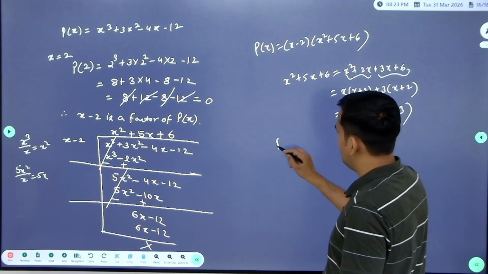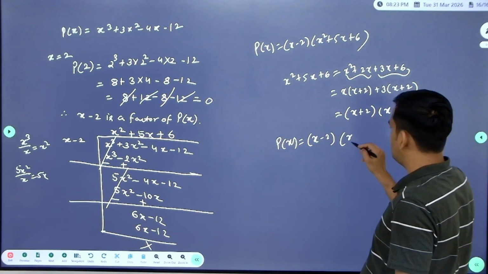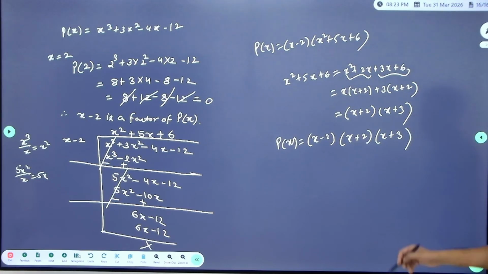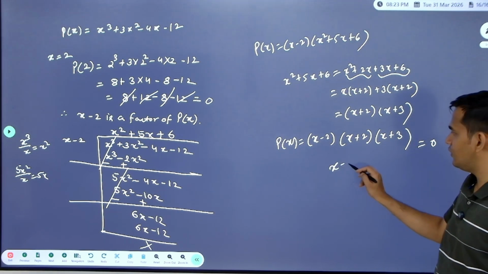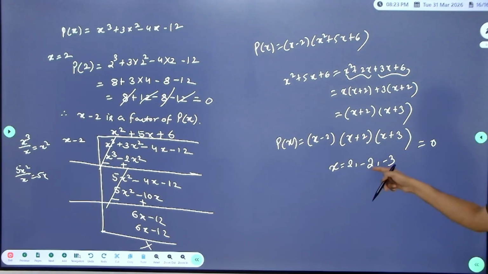So P(x) is equal to x minus 2, x plus 2, x plus 3, and we can write it equal to 0. So x is equal to 2, minus 2 and minus 3.